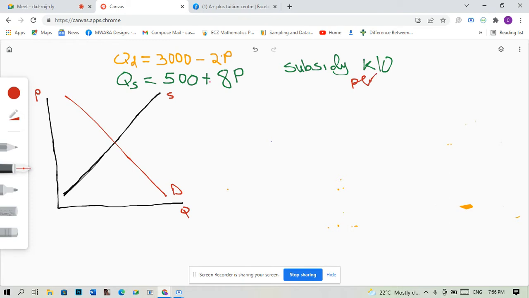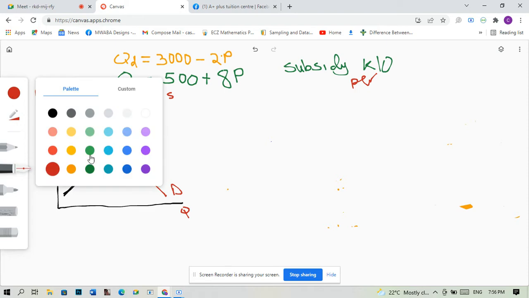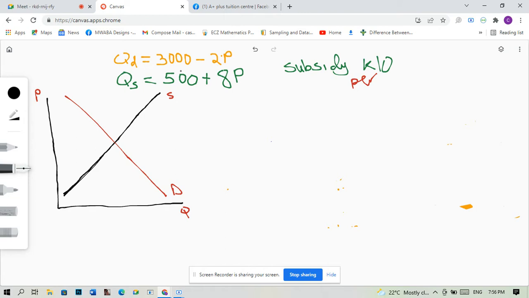All right, so the first thing that we're going to do is determine our equilibrium price and our equilibrium quantity. So step one, we are going to equate the functions, right? So we say QS equals QD.